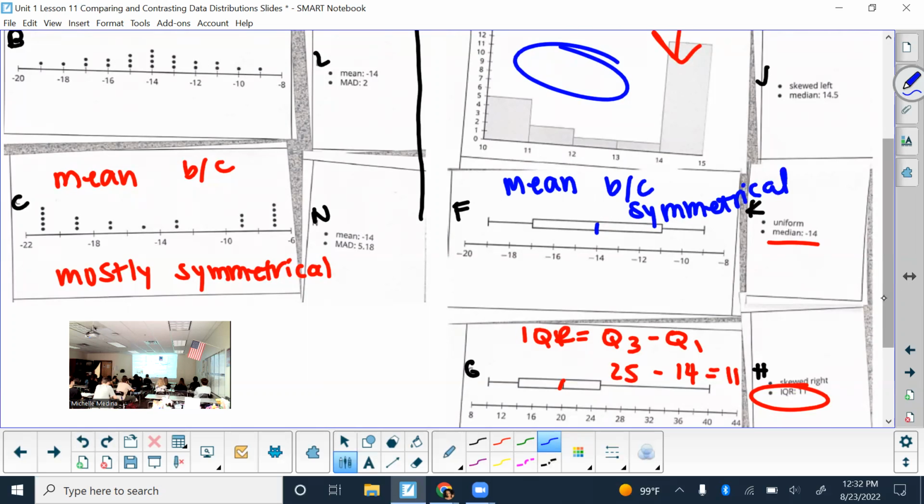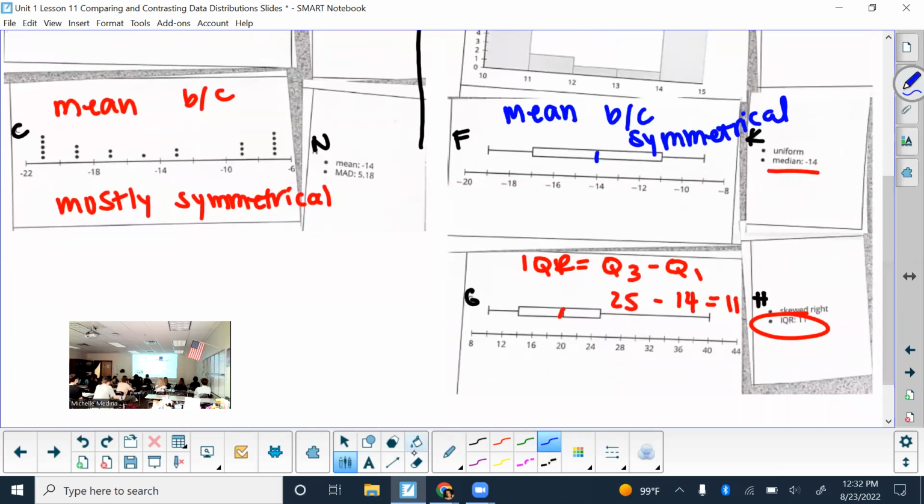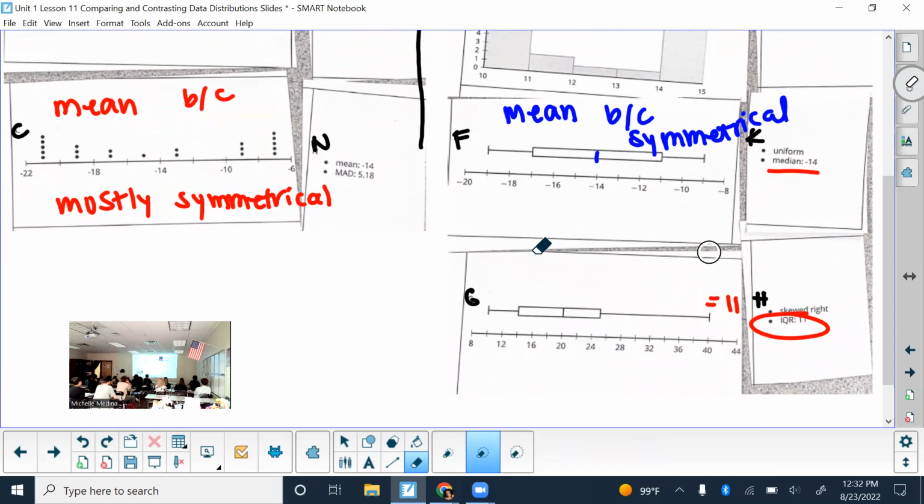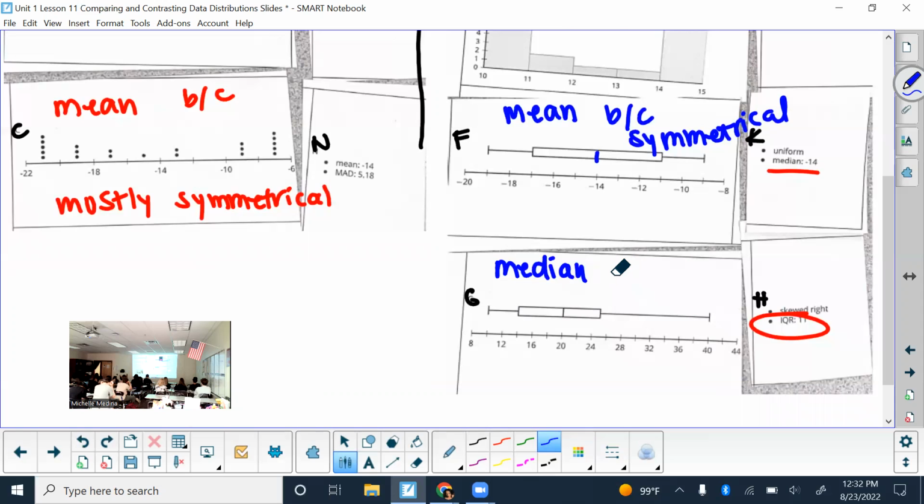And then lastly, for G, does this look symmetrical or asymmetrical? So then what should we use for best measure of center? Median. All right, we're seeing the patterns, even in different data displays. Good, that's the goal.